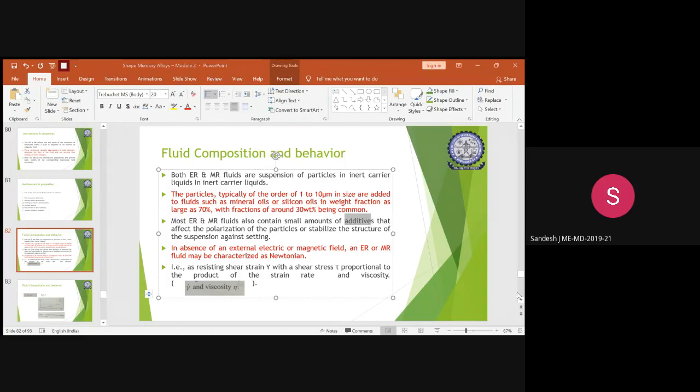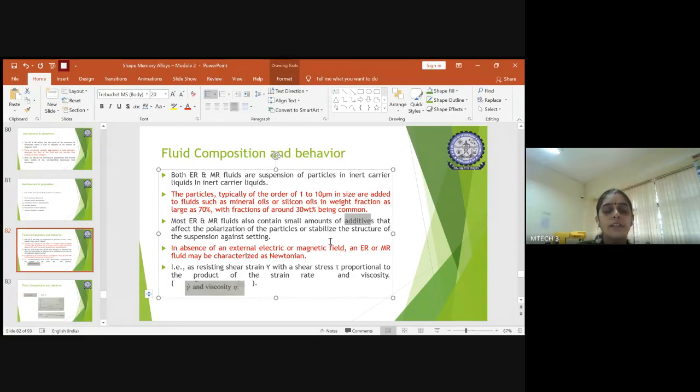Okay, so this is about the additives, which are the particles. Now, all this is with respect to subjecting an electrical or magnetic field. But in the absence of an electric or magnetic field, the ER or MR fluid can be characterized as a Newtonian fluid.